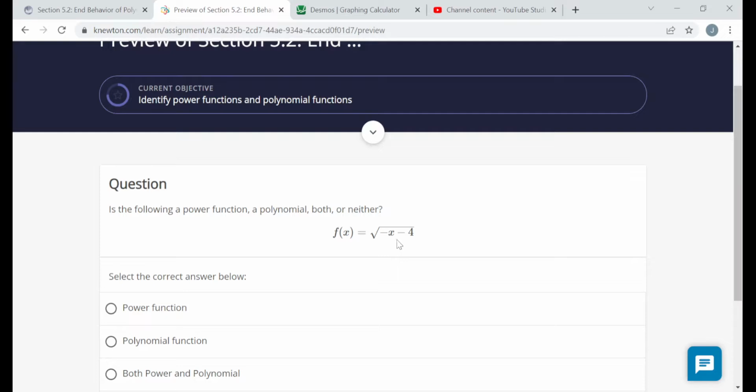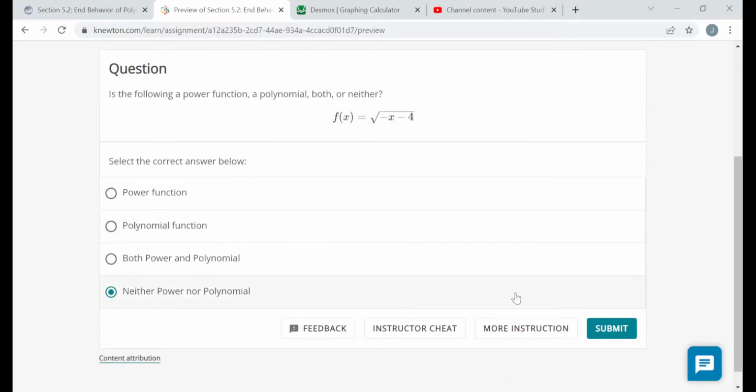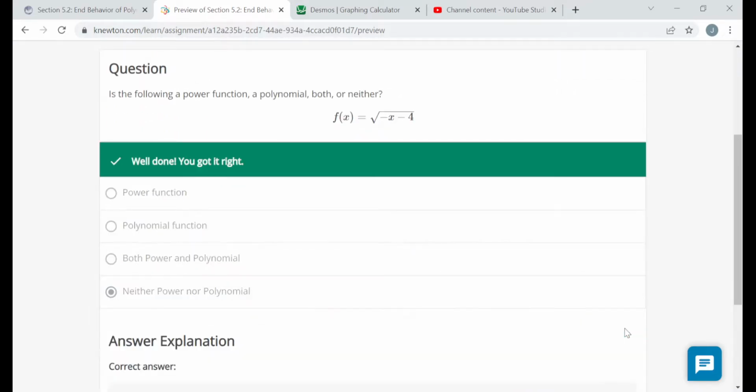But even so, that's not a power function because the power function is just the variable to a power, not the variable minus 4. So it's not a power function, not a polynomial because that power is not a whole number. So it's neither. It doesn't satisfy either definition.